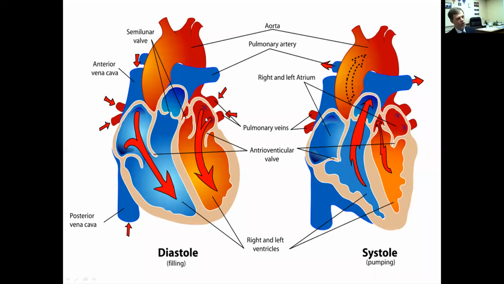Squeezing through a small hole creates high velocity, turbulence, and creates a murmur. This murmur will happen during diastole. That's why stenosis of the mitral valve and of the tricuspid valve creates a diastolic AV murmur.